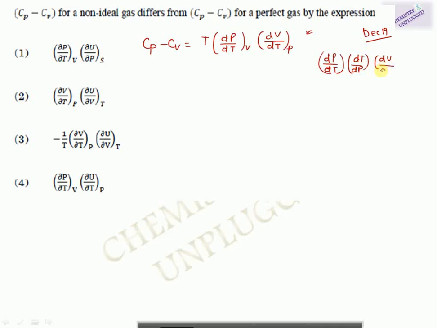The cyclic form is dP over dT, dT over dV and dV over dP equals minus 1. So you can use this form of equation and then convert it into other forms. But for this question, we want the equation in terms of internal energy. So you can decide the conversion on the basis of your demand.